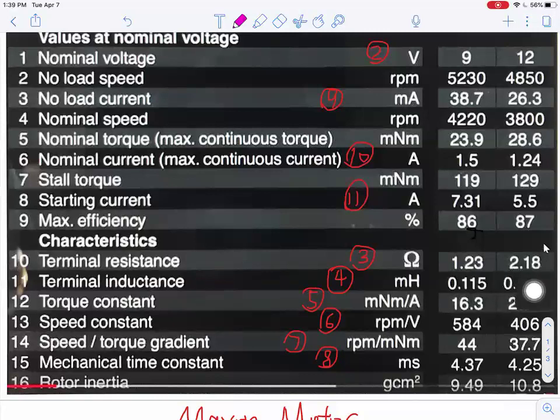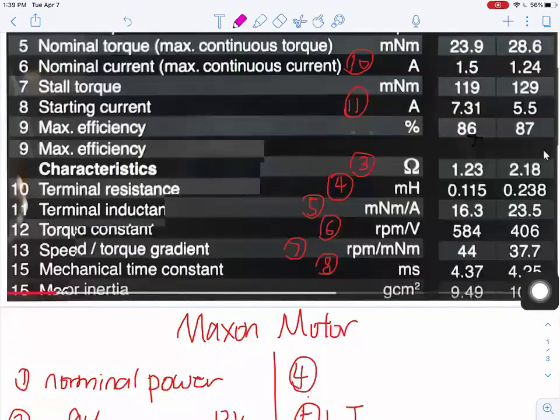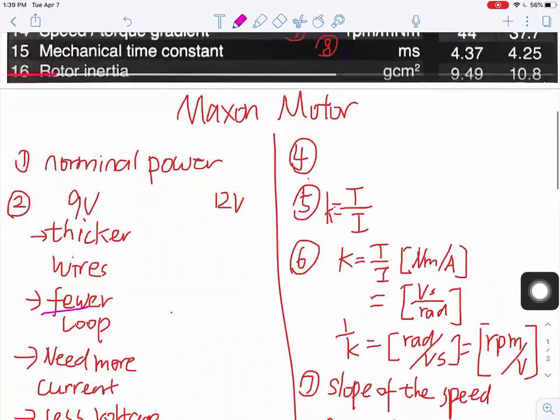The other one has 2.18 ohms. So the one with 12-volt has a higher resistance. That also verifies what we just talked about: if the 12-volt one has thinner wires and more loops, there would be more resistance. It's showing there.